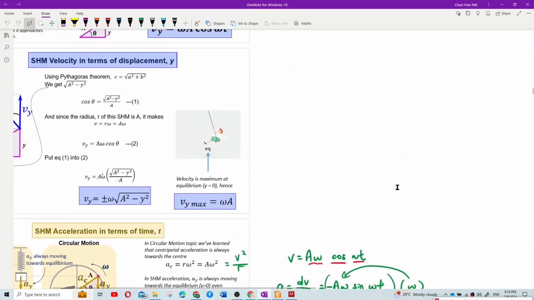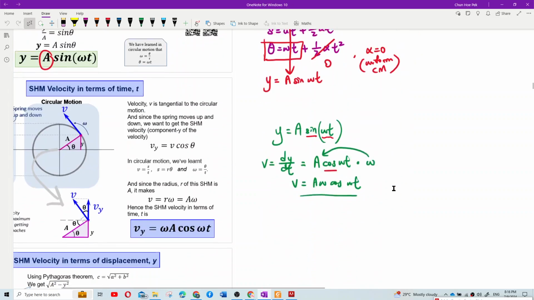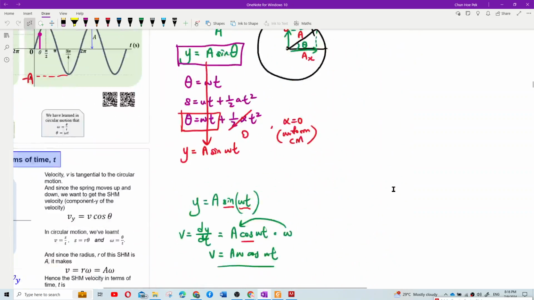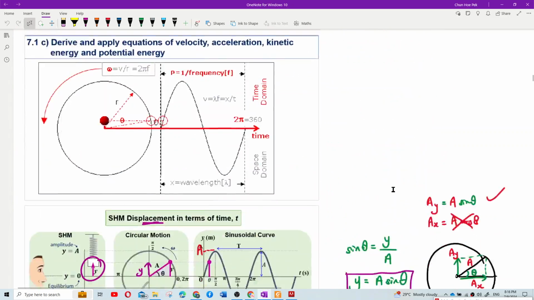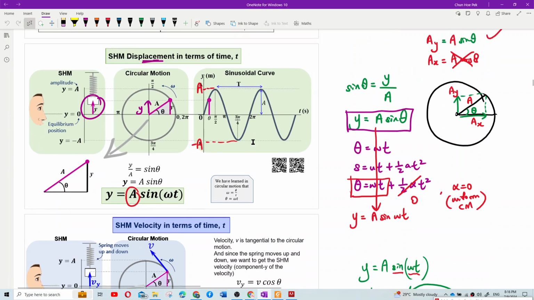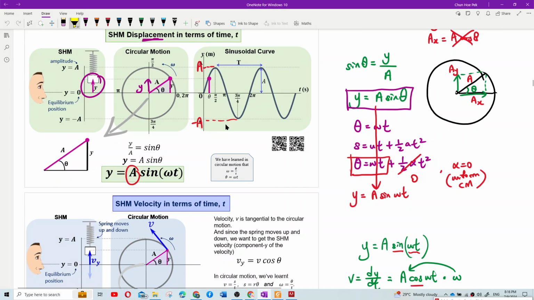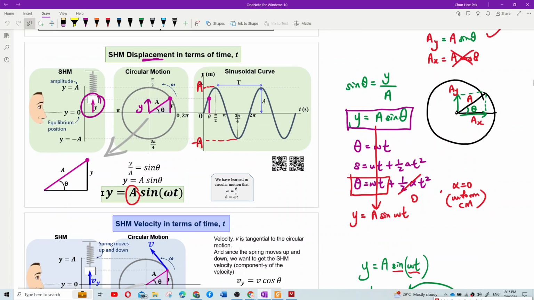Okay class, one thing I want to show you here is the maximum value. If you go back to the formula for displacement, we have y equal to A sine omega t.